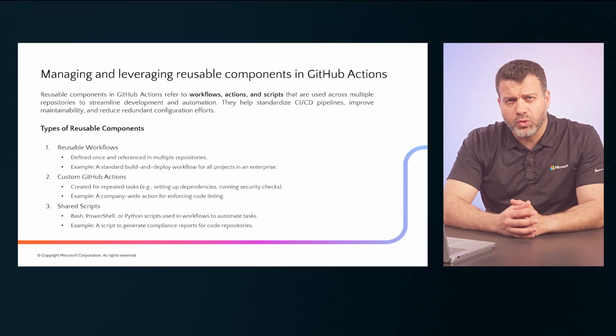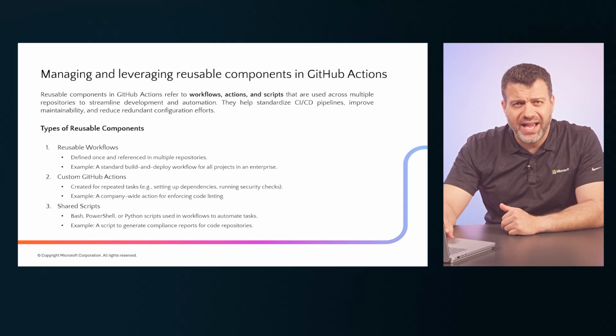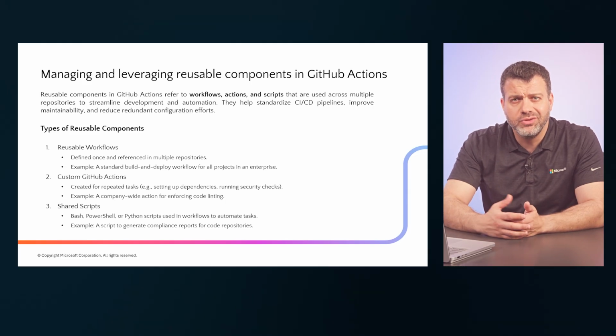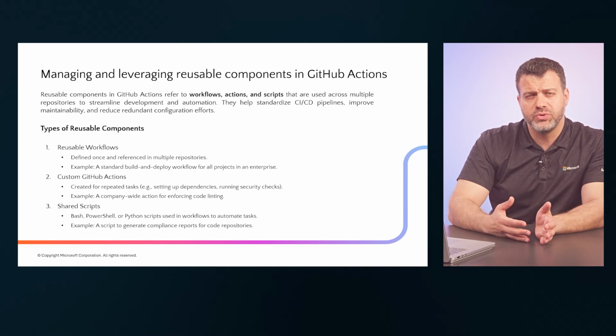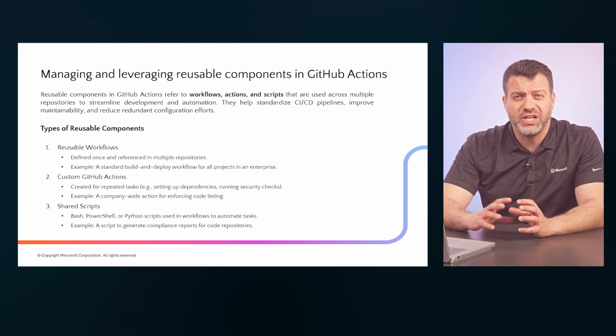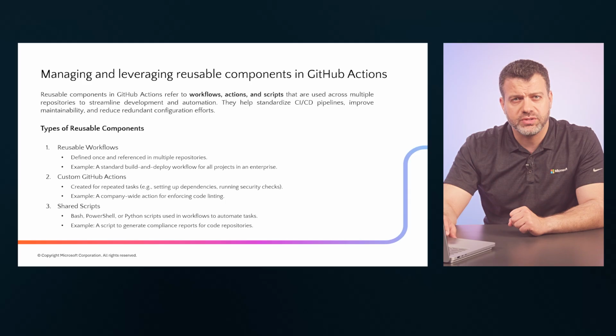We've talked about reusable workflows and actions. Now let's zoom out and see how enterprises actually organize all this. In real-world enterprise environments, you don't just reuse one thing. You combine multiple reusable components. So a reusable workflow that handles the entire CI/CD pipeline, a reusable action which encapsulates some common tasks, scripts that automate smaller operations.